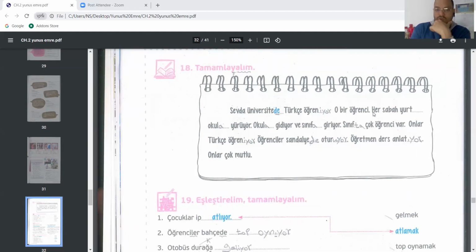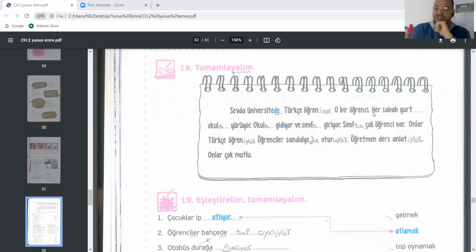Her sabah yurttan okula yürüyor. From the residence to the street, to the school. He walking from the residence to the street, to the school. Okula gidiyor. He is coming to the school.